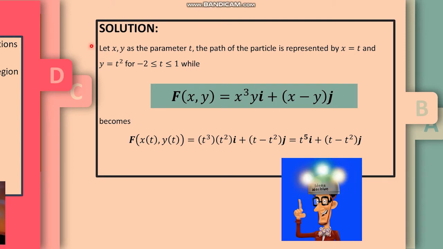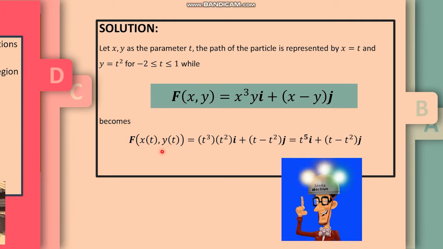Firstly, we have to let x and y be in terms of the parameter t. So the path of the particle is represented by x equals t and y equals t squared for -2 less than or equal to t less than or equal to 1, while the given function F(x, y) equals x^3 y i plus (x minus y) j changes to F(x(t), y(t)) because we have assumed that x and y are in terms of the parameter t.